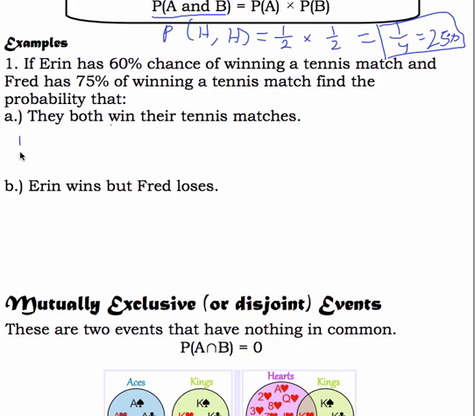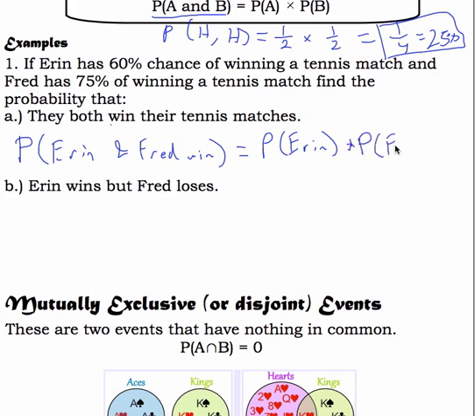So to get the probability that Aaron and Fred win, we have to take the probability of Aaron winning times the probability of Fred winning. Okay, which is, well, we can change these percents to decimals, 0.6 and 0.75.